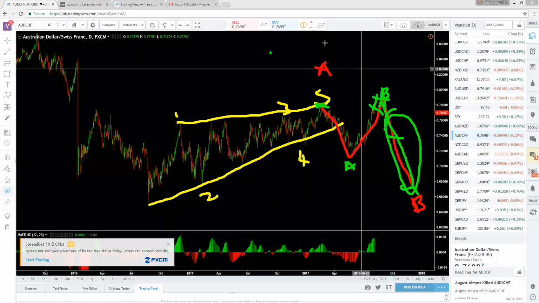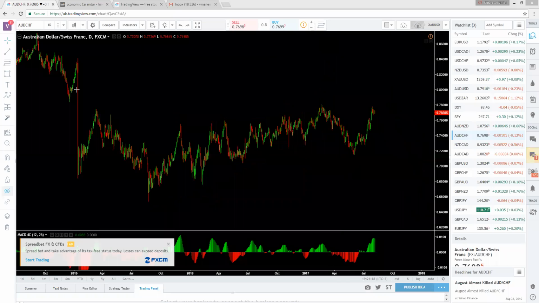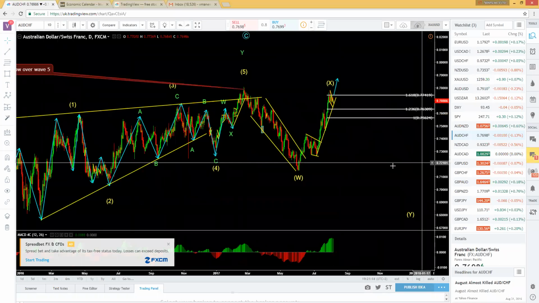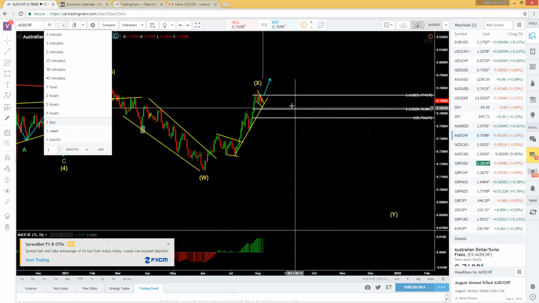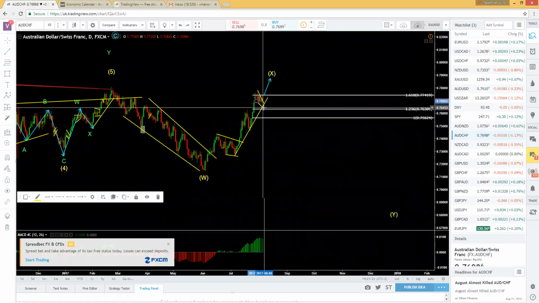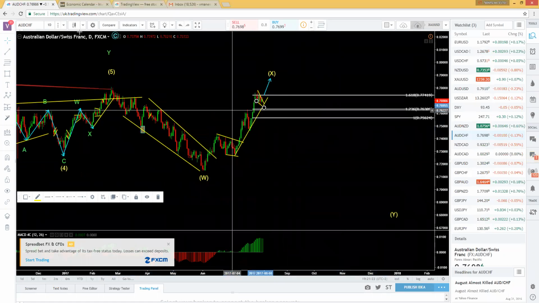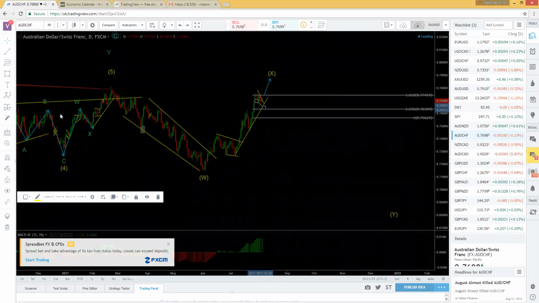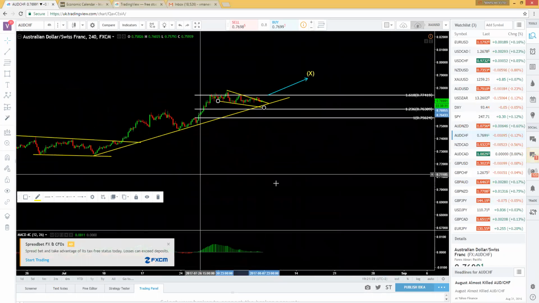Okay. Put back the drawings. So that's what we're looking at here. If I just go down to the lower time frame to look at this flag, this X is not completed because we have not got an indication that it's about to reverse, not even divergence. Let's look at the 4 hour.